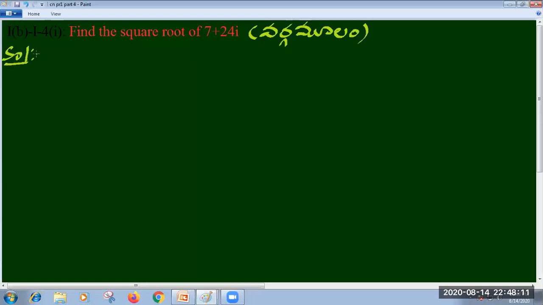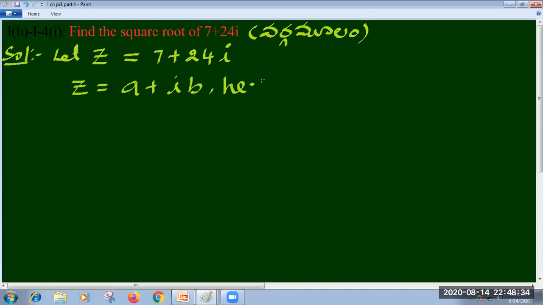Now look at this. Let the given complex number z be equal to 7 plus 24i, and comparing this with the standard form a plus ib, here the real part a is 7 and the imaginary part b is 24.